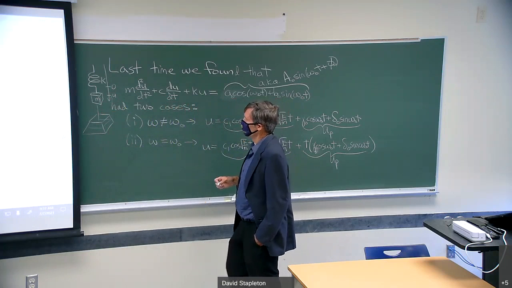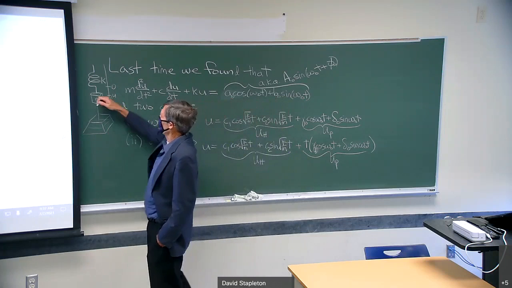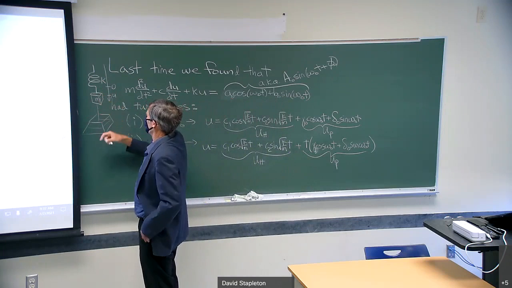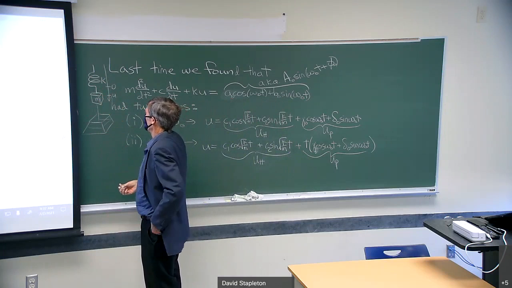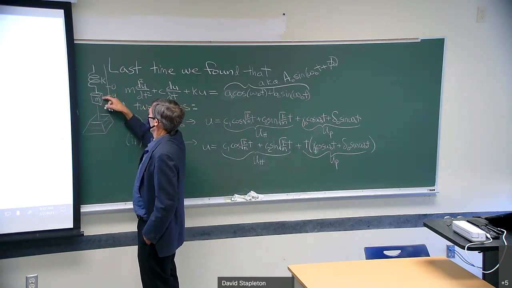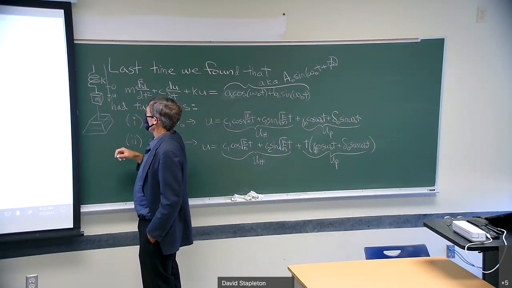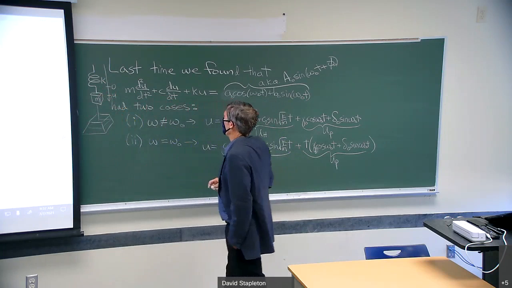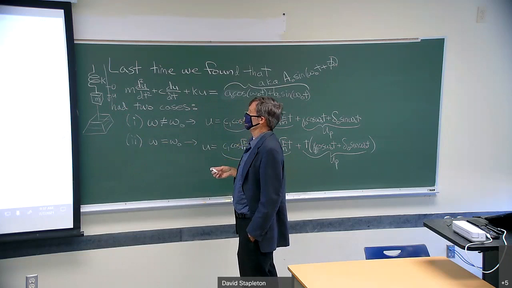And then we might just attach something here, push it with our hand or put a rocket motor on here that gives it a push as a function of time, f of t. The interesting case is when you push it sinusoidally.